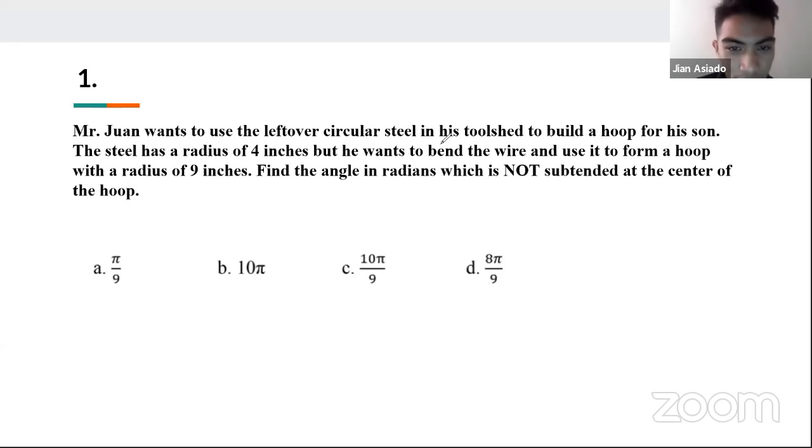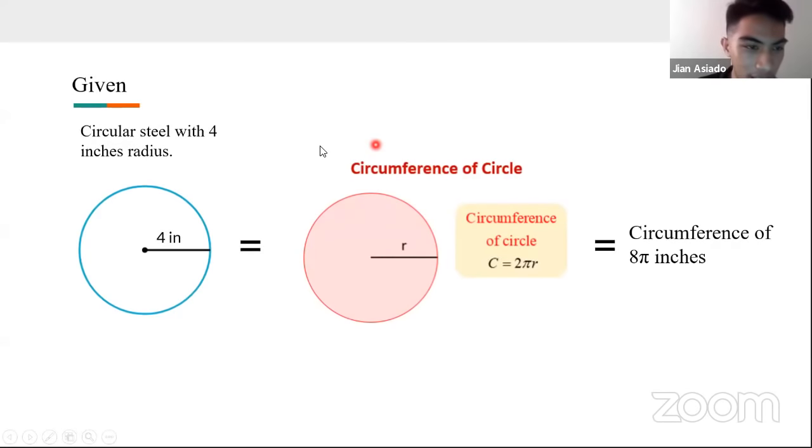Okay. Ayan. Now, yung circular steel with 4 inches radius, ito siya. This is the original. Yung circular steel, 4 inches, then yung circumference niya is 8 pi. So kukunin muna natin si circumference para malaman natin kung hanggang saan inabot nung nag-recycle siya. Inabot ng steel.